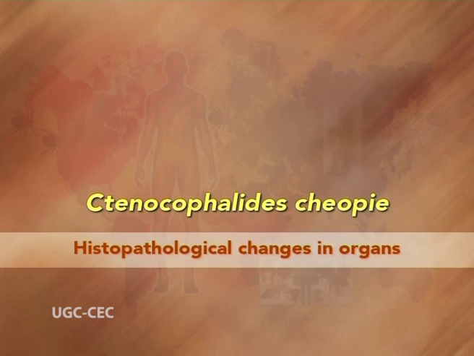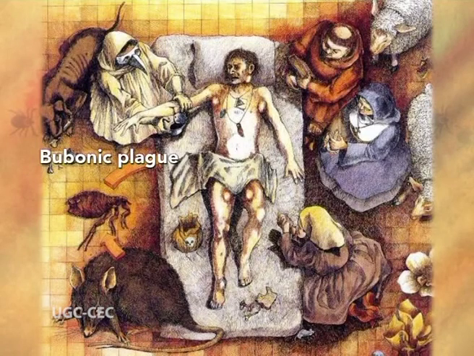Histopathological changes in organs. The symptoms of bubonic plague include enlarged, tender lymph nodes called buboes, fever, chills and severe exhaustion.